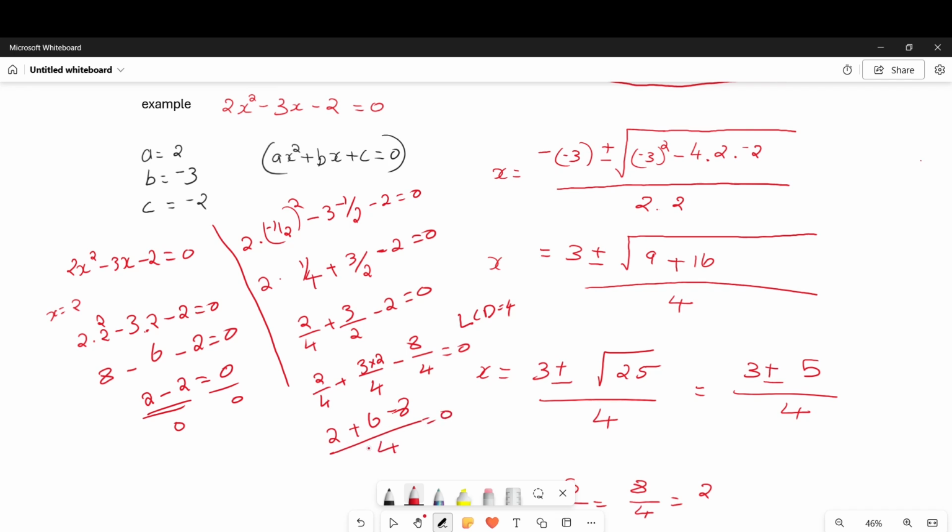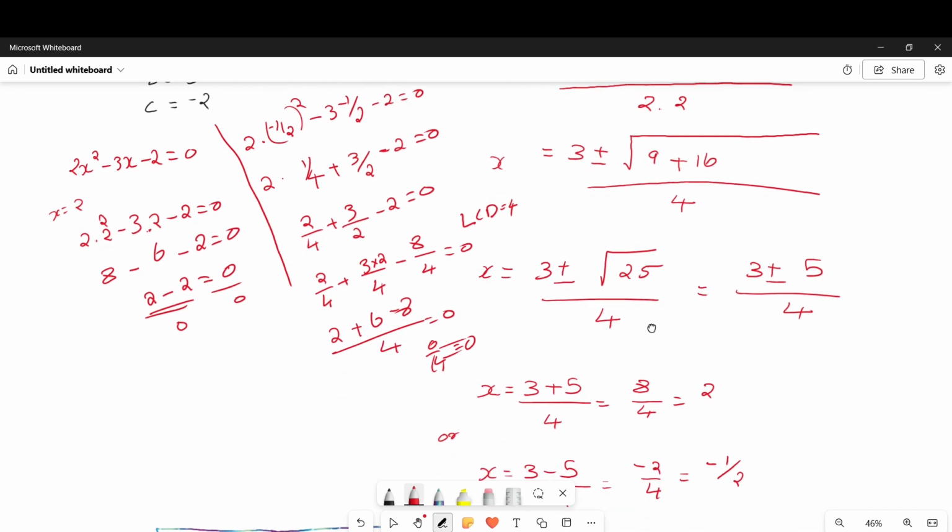So 2 plus 6 is 8. 8 minus 8 is 0. So 0 divided by 4 is equal to 0. So we know that both values of x make the equation 0.